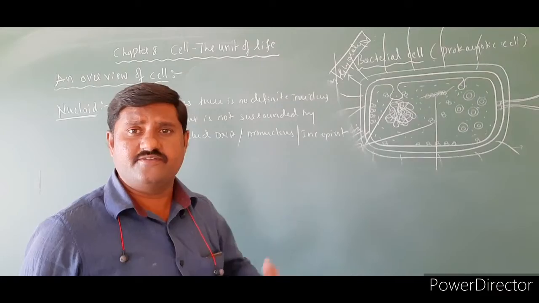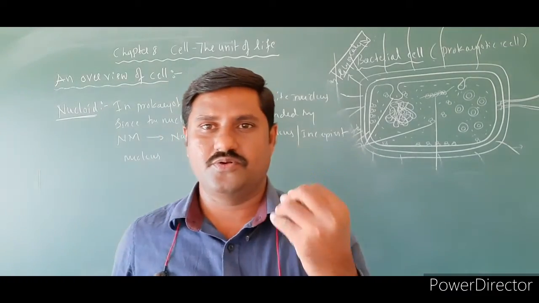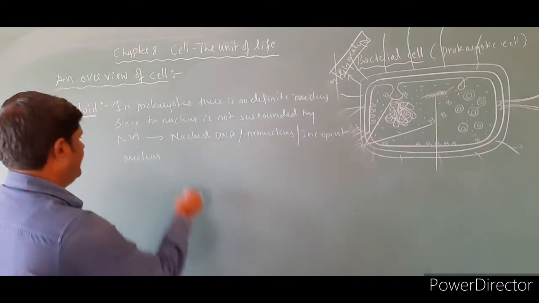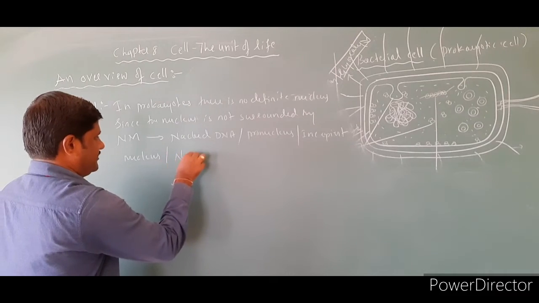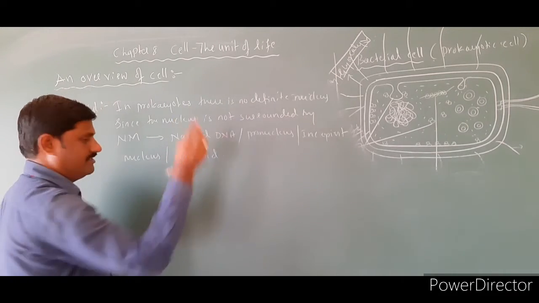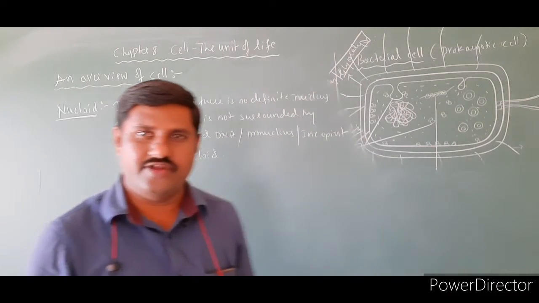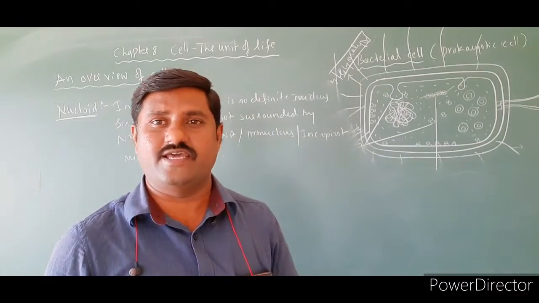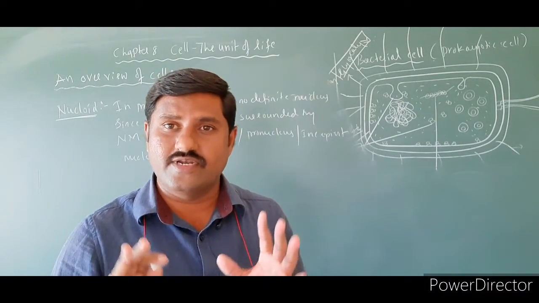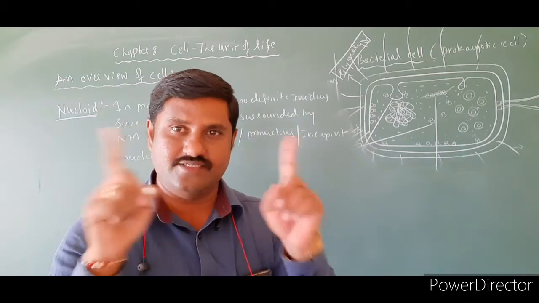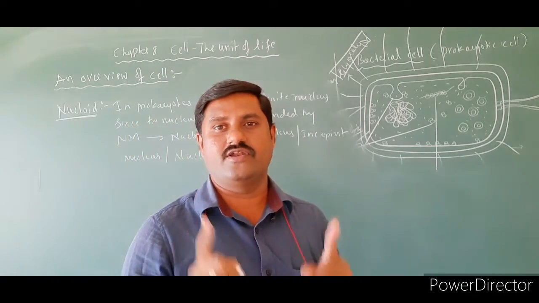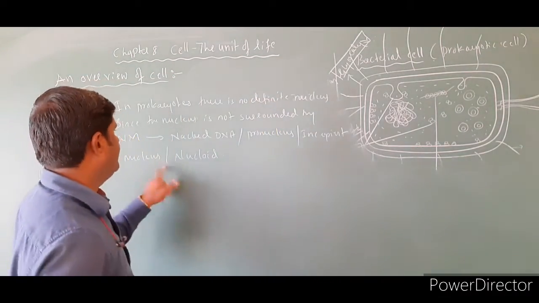Many names are there for this nucleoid. It is also known as nucleoid. Nucleus containing material is there, but nucleus is not there. Why? Because it doesn't have any definite boundary or nuclear membrane around the nucleus.